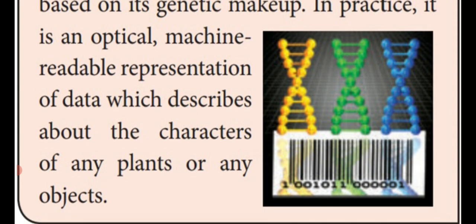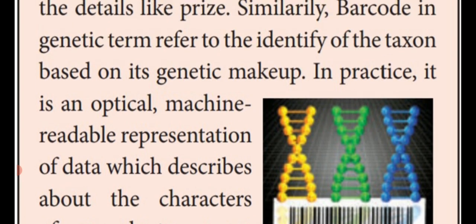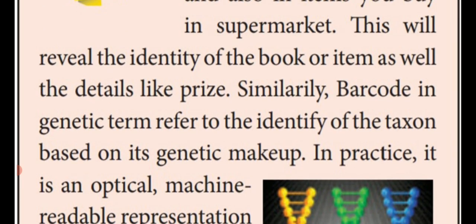So the characteristic feature of any object or plant body is determined by the gene which is present inside, isn't it? If it is a thing, the characteristic feature and the price of the thing should be identified by a barcode.